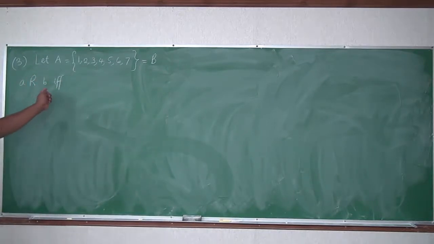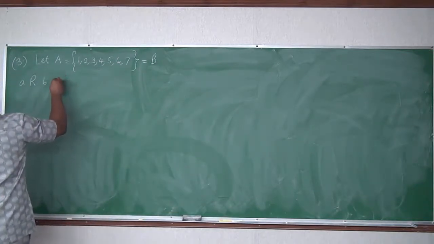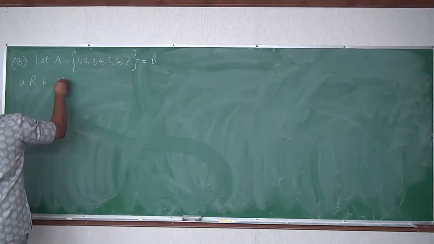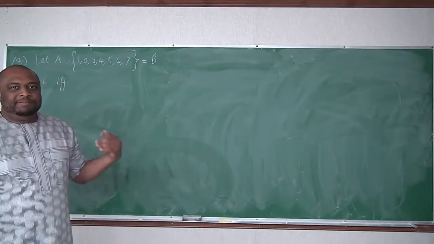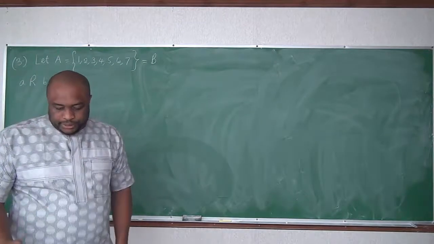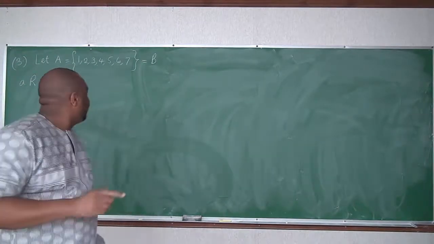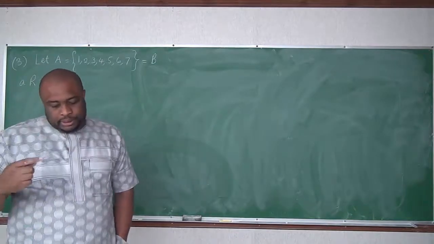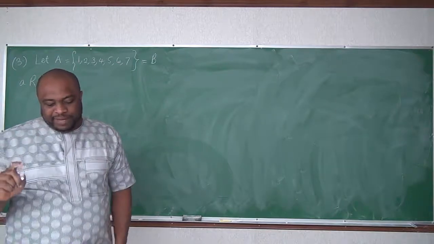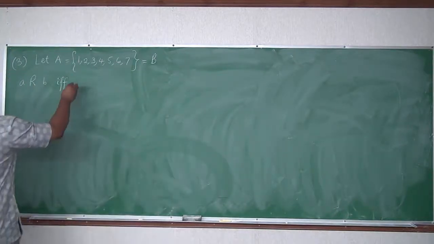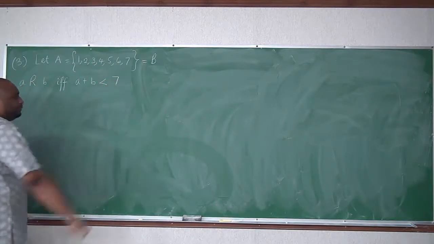When you have IFF, it means if and only if. So the question says, define a relation R as A relation B if and only if A plus B is less than 7.